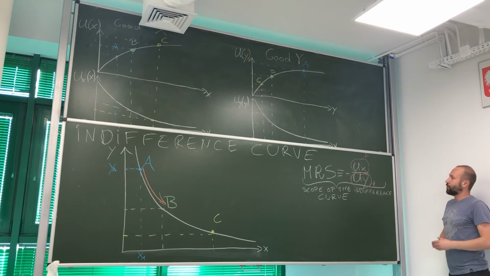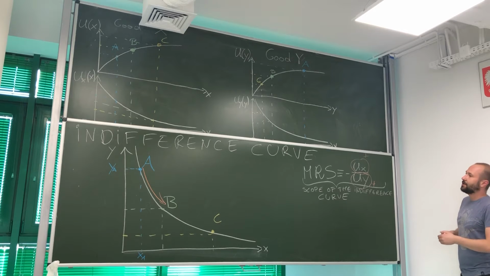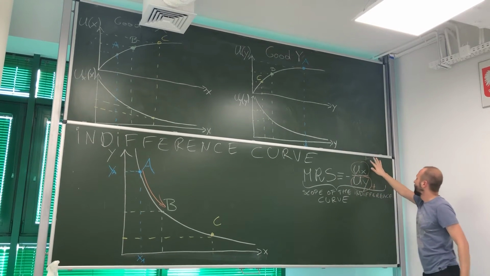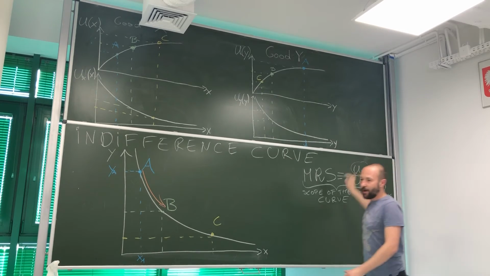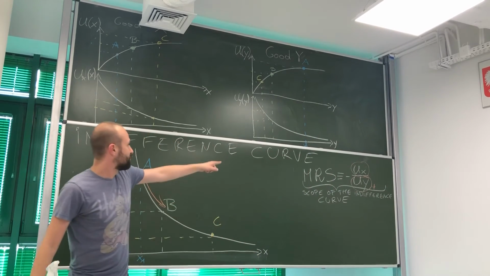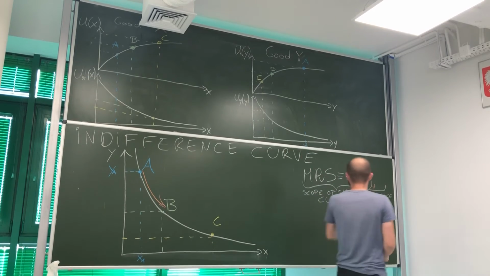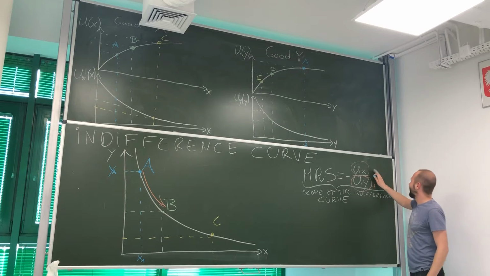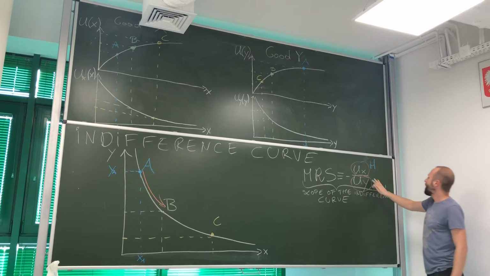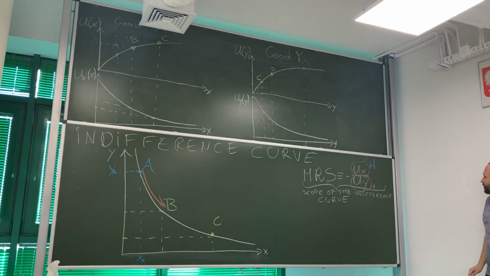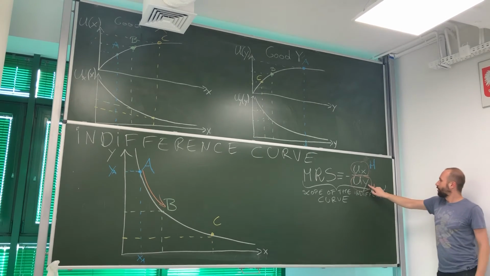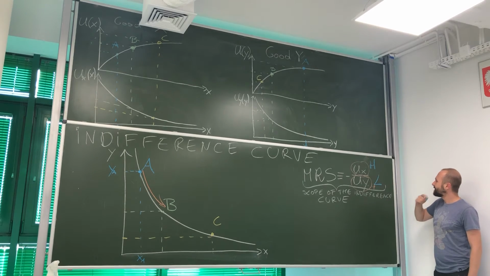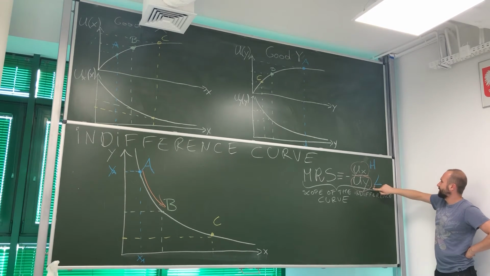Okay, so what can we say that is happening at point A? Look, at point A, we know that marginal utility of good X is high, while marginal utility of good Y is low, right? So what is this telling us?